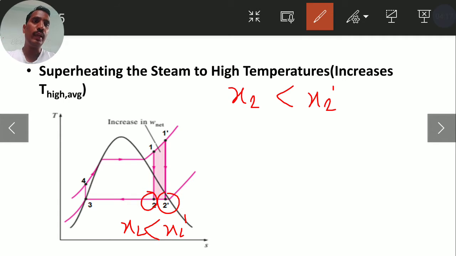So this is another advantage we are getting by superheating the steam. So two advantages: one is performance, that is thermal efficiency of the cycle increases, and second, the dryness fraction at the last stages of the turbine is also increasing. Because of these two advantages, in many thermal power plants superheating of the steam is done.